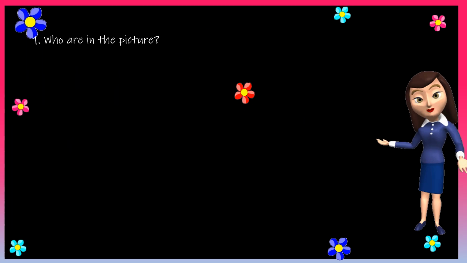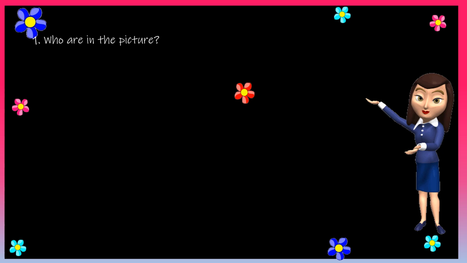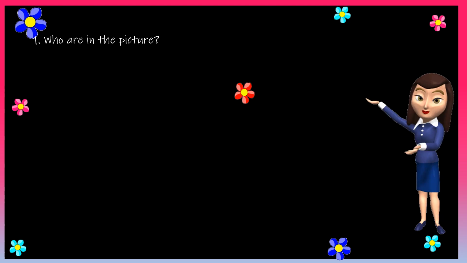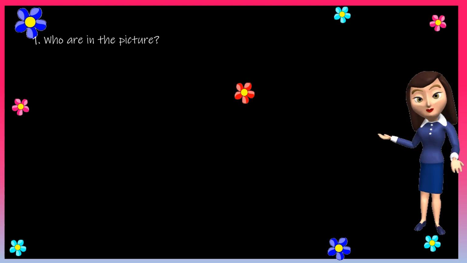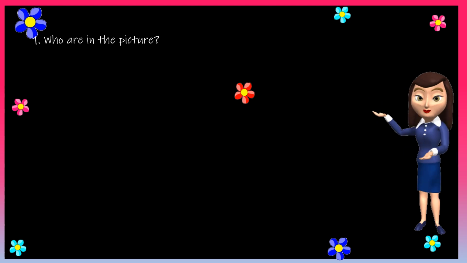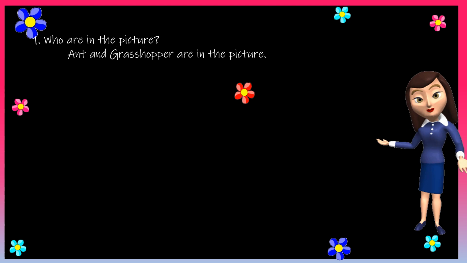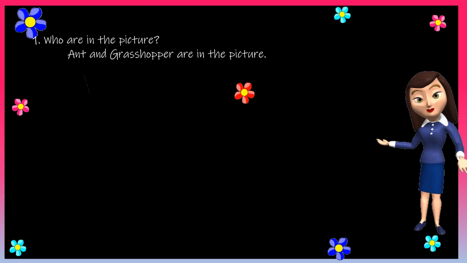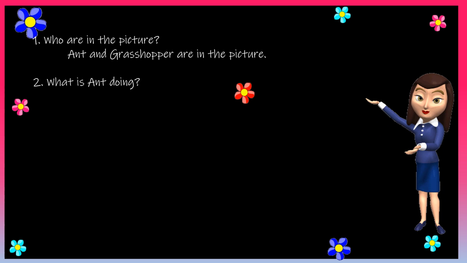So here is the first question. Who are in the picture? Did you see the picture Nathan presented to you? Yes, all right. So, the ant and grasshopper are in the picture. Number 2. What is ant doing?